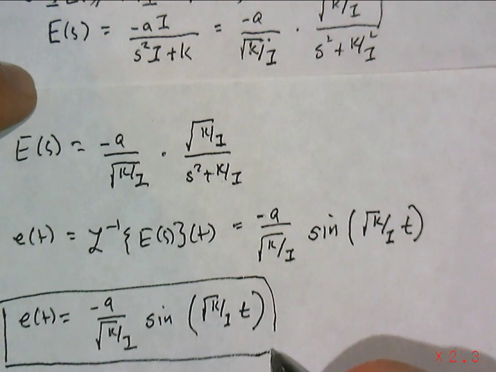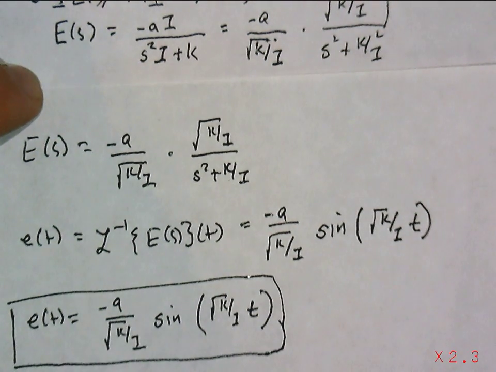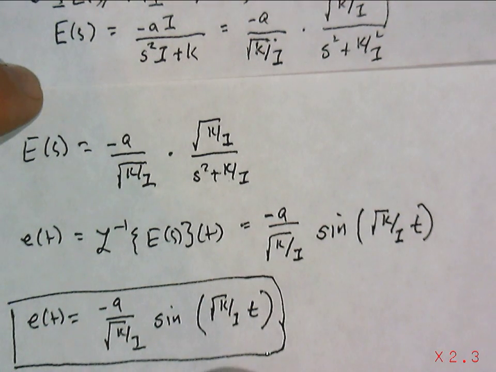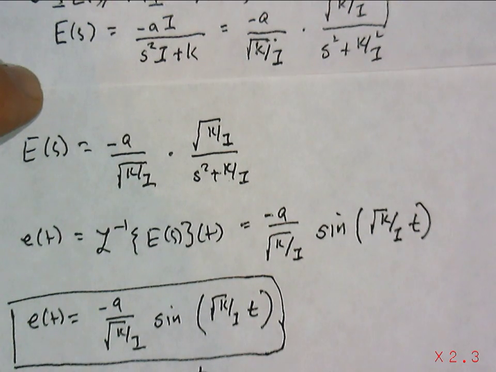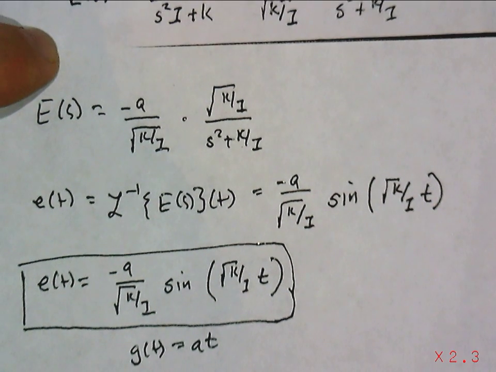This deviation function explains how to correct the servo mechanism when the true direction is not matching the desired direction. Okay? That's the case where the desired direction is this linear form, g of t equals a t.